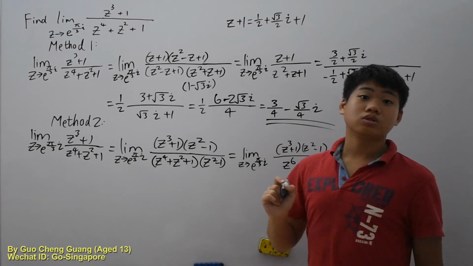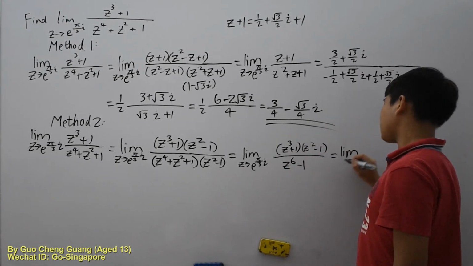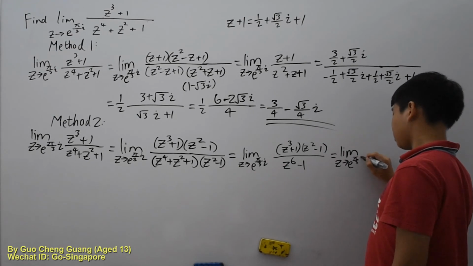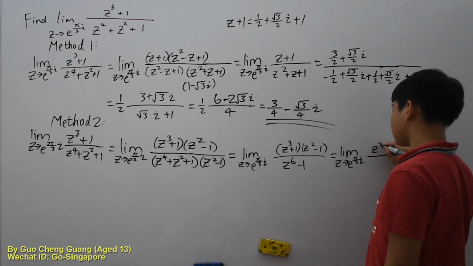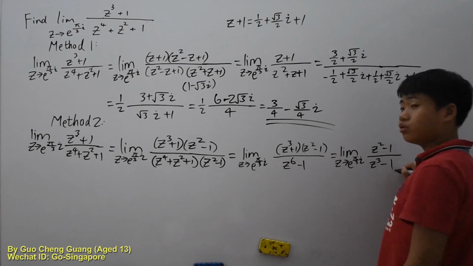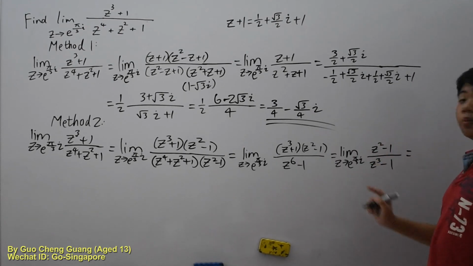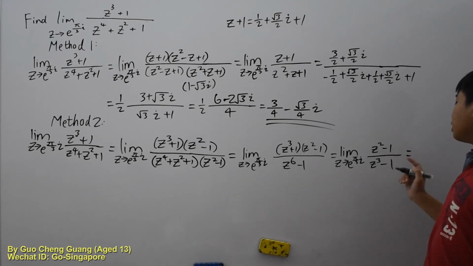You could use a squared minus b squared, which is actually using factorization. And thus you have z squared minus 1 over z cubed minus 1.